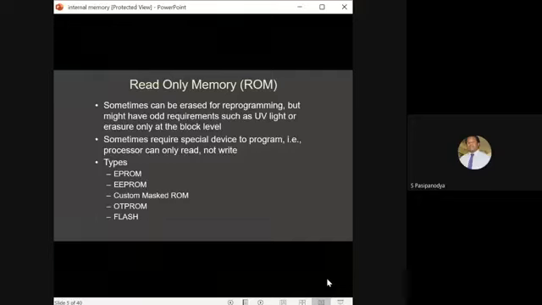And in most cases, we need special equipment to make sure that we write onto the ROM. And a very good example of a ROM that you can think of is magnetic tape, is floppy disk, it's your CD, it's your DVD, it's your internal memory chip, etc.